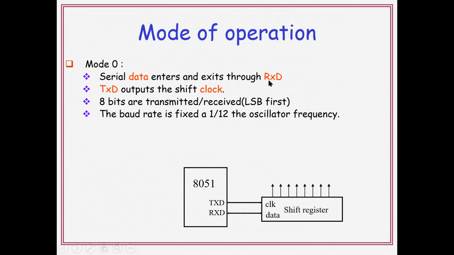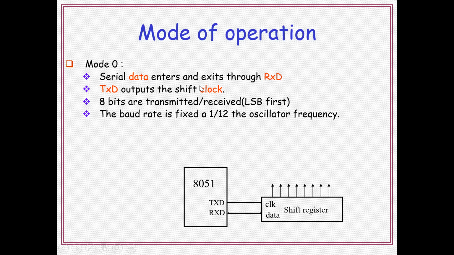So, modes of operation. We already discussed mode 0, which is also known as the shift register mode. Serial data enters and exits through the RxD pin only. We know that in the 8051, 2 pins support serial communication, alternate pins in port 3, that is TxD and RxD: TxD for transmitting, RxD for receiving.